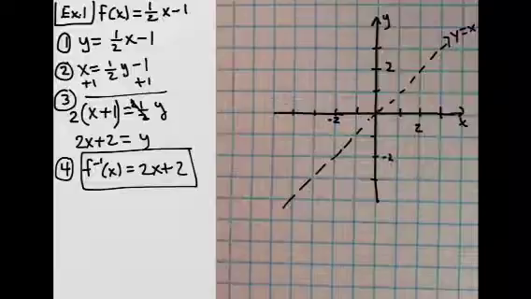I'll use pink for f of x. So my y-intercept is -1 and my slope is 1/2. So it's going to go up 1 to the right 2, up 1 to the right 2, or I can go down 1 left 2.